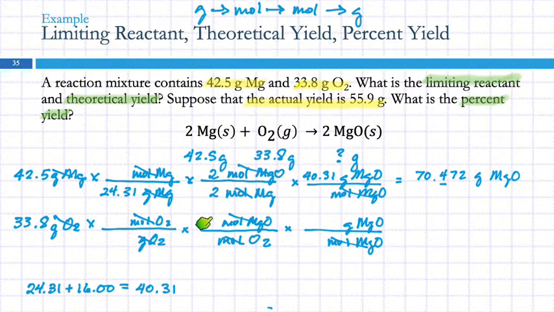What should I write in front of moles of MgO? 2. Because there's a 2 in front of MgO. What should I write in front of moles of O2? 1 or nothing, right? It's not a 0. That's a 1 that we didn't write.